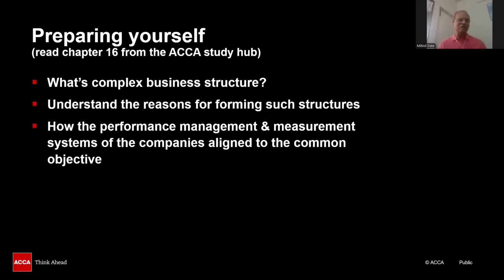So two aspects are really important. One, the associated problems that come inherently with the complex business structure, basically because of the complexity involved in arranging them.